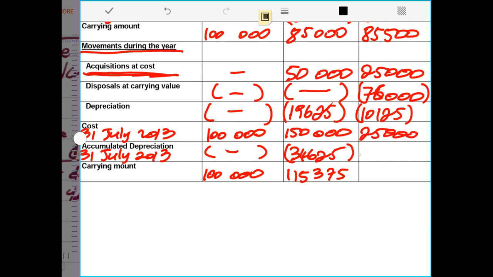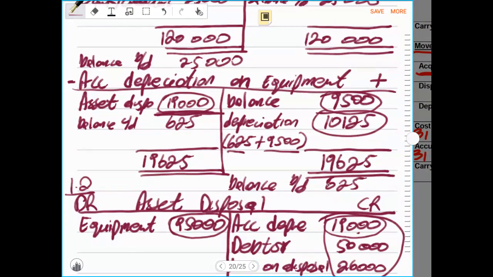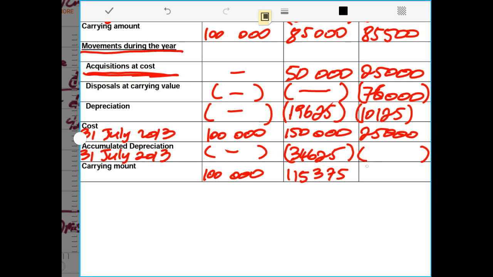Then after, we record accumulated depreciation at the end of the period. I think it was 625. Accumulated depreciation at the end of the period, yes, it was 625 rands. So we record that.